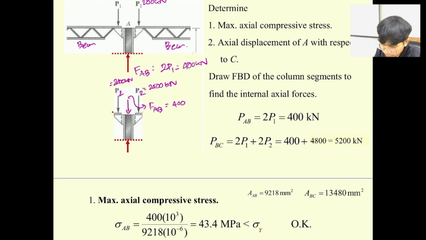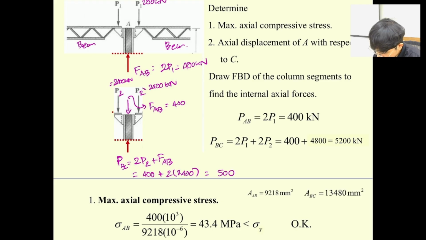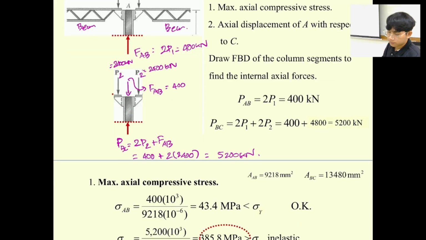So the reaction of the column BC is going to be PBC equal to 2P2 plus FAB. So it's going to be 400 plus 2 multiplied with 2400, which means it's equal to 5200 kilonewton over here.